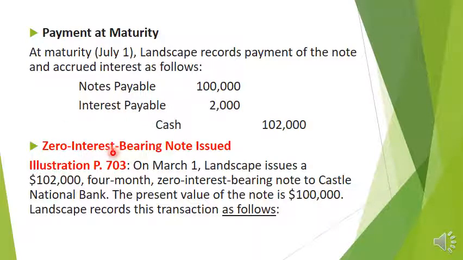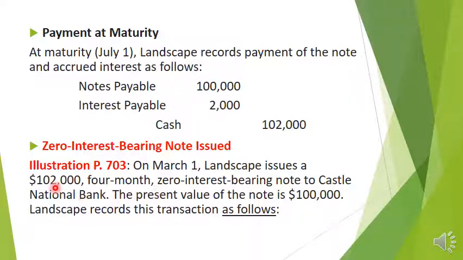Zero interest bearing note issued. On March 1, Landscape issues a 102,000 4-month zero interest bearing note to National Bank. The present value of the note is 100,000. Landscape records these transactions as follows.